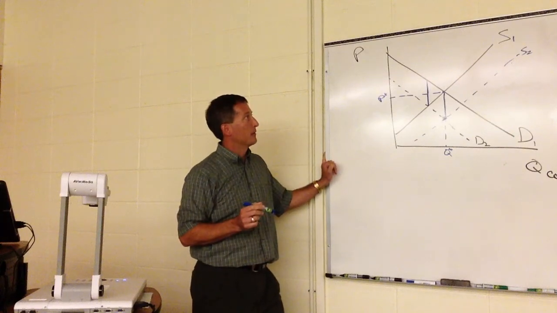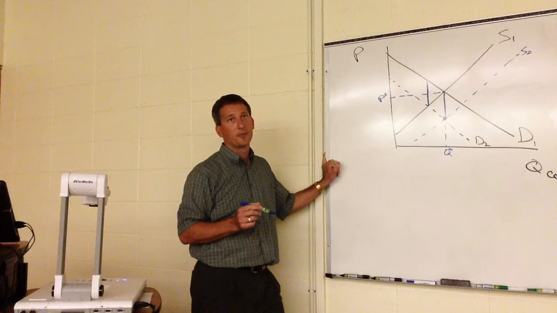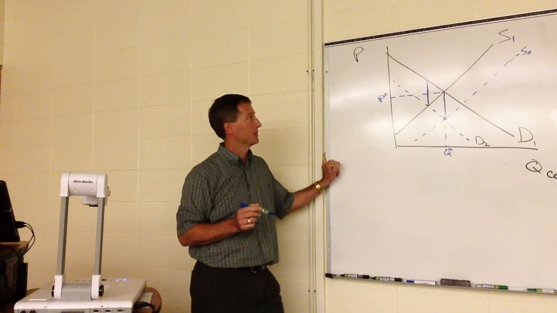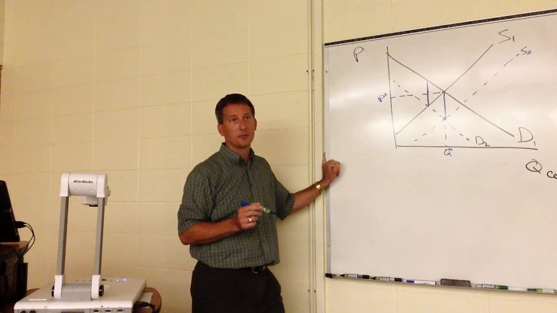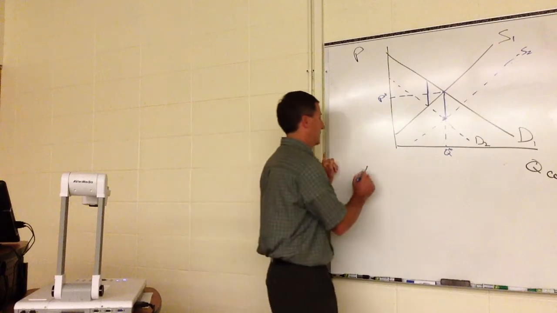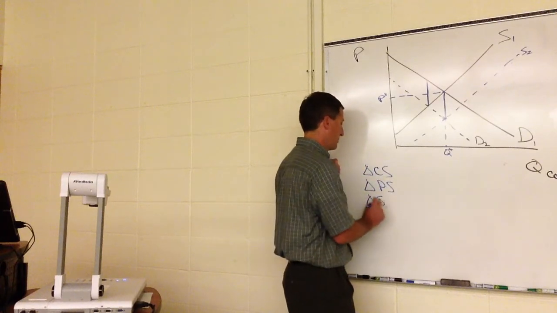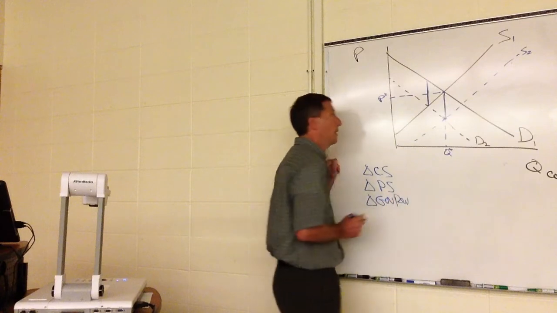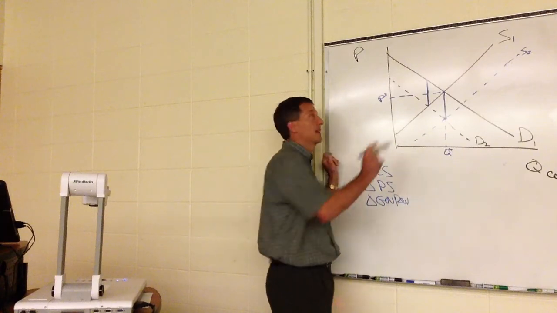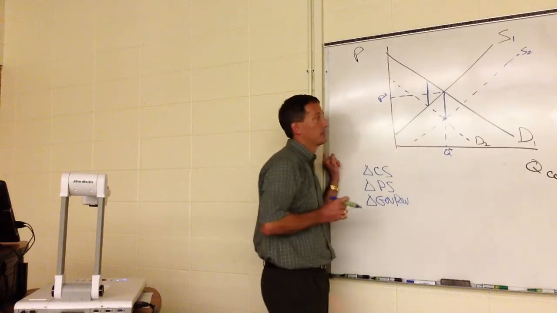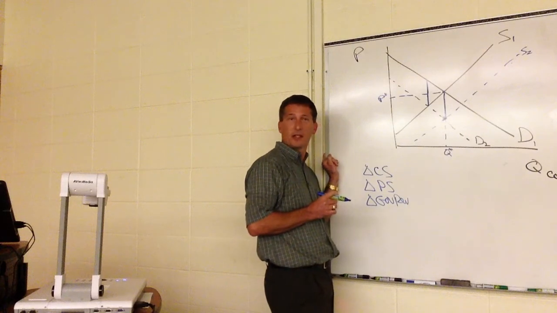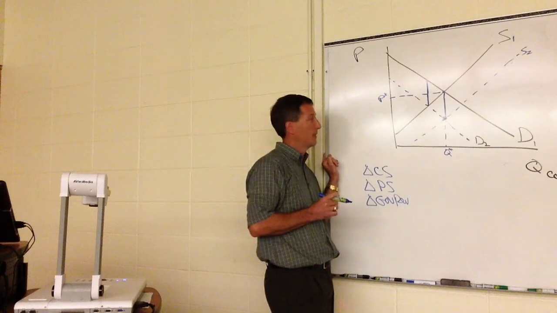And what does that mean for producer and consumer surplus? Doesn't change. What does it mean for government revenue? If we're thinking of change in consumer surplus, change in producer surplus, change in government revenue. How much money does the government collect from the tax versus the amount of the subsidy? Nothing.